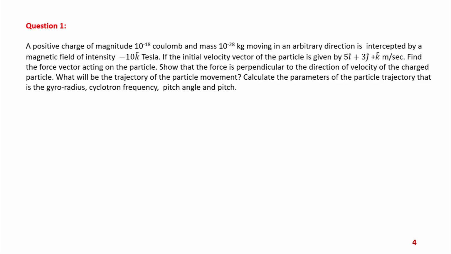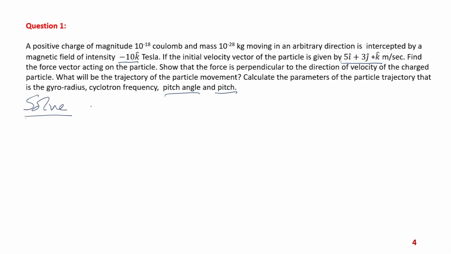The question is, we are considering a positive charge of 10 to the power minus 18 coulomb, its mass is 10 to the power minus 28 kg, and it is moving in an arbitrary direction, intercepted by a magnetic field of given intensity, and the initial velocity vector is given by this. Then you are asked what is the force, what is the trajectory, and the parameters of the trajectory, like the gyro radius, cyclotron frequency, pitch angle and pitch. So, we will solve it.